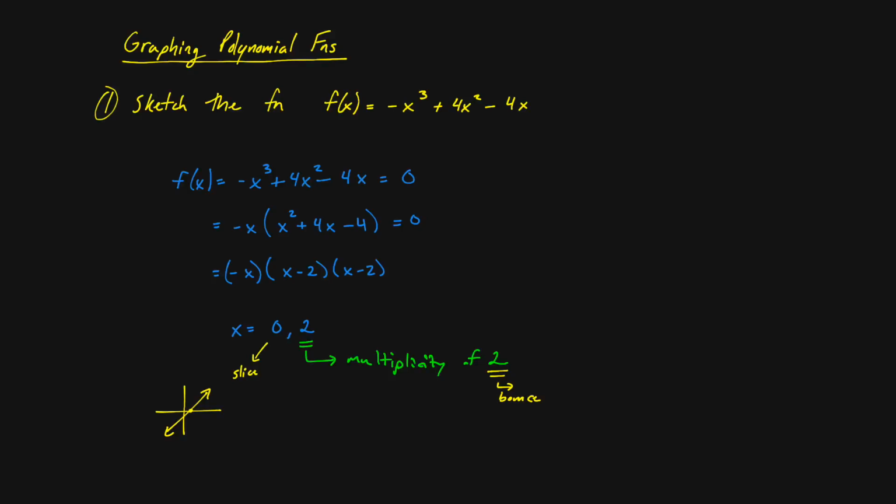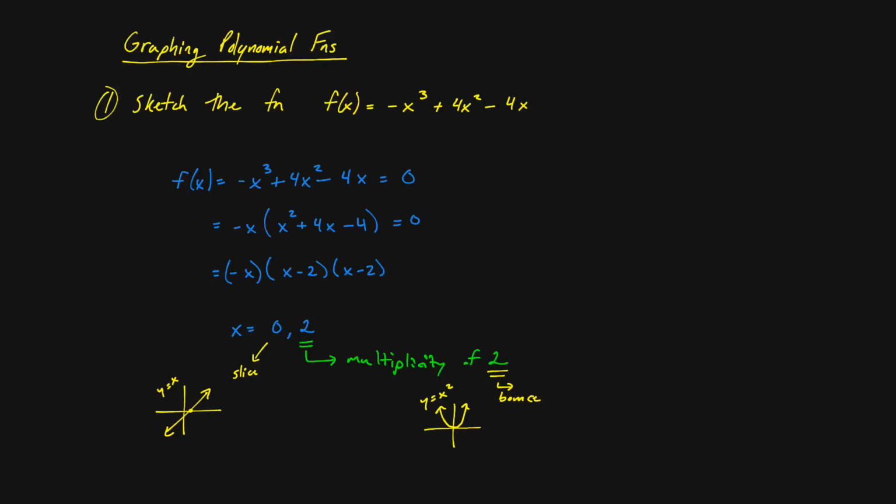For a bounce I like using y equals x squared, because x squared has a multiplicity of 2. You have 2 times it could be 0, and here it is bouncing. It touches the x-axis and bounces back, whereas here it goes right through.